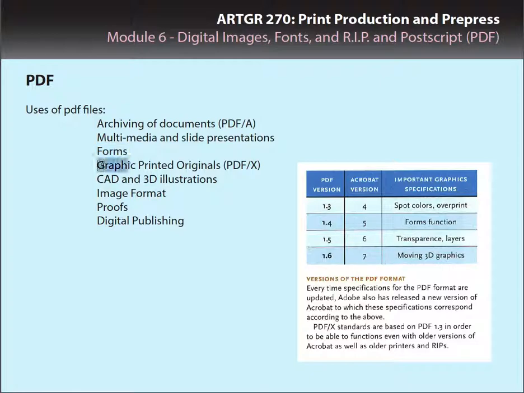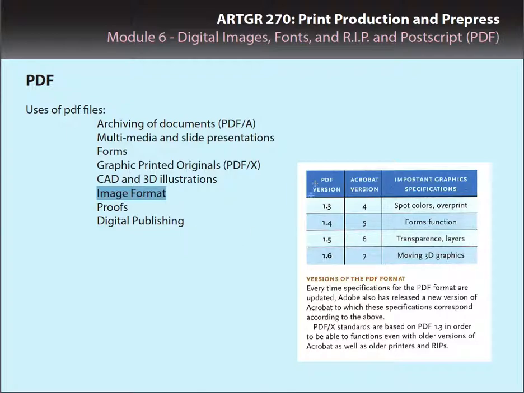Then what we're interested in are the graphic PDFs for print production, and that's the PDF-X version. PDFs are used for making CAD illustrations out of computer-aided design programs. It's an image format, so you can use it in InDesign and in Photoshop. It's used to make proofs and for digital publishing.